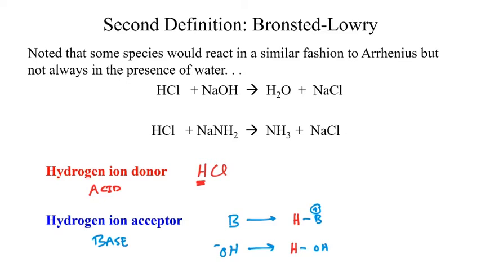So it still fits. Really what the Bronsted-Lowry definition says is that other things other than hydroxide could also accept hydrogen and still be defined as a base, without having to center on the water aspect of our acid-base definition addressed through Arrhenius. When we think about our acid-base reactions, there is a third. That third definition is the Lewis definition, which now changes focus entirely and only looks at the electrons.